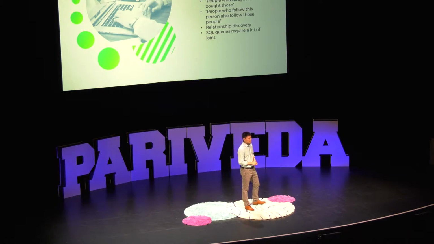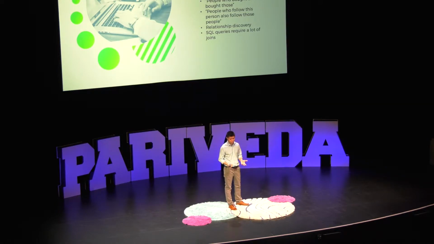So I've been working with relational databases and trying to solve a recommendation engine problem. I believe most of you have seen these kinds of statements. People who follow this person also follow those people. People who bought this product also bought those other products.